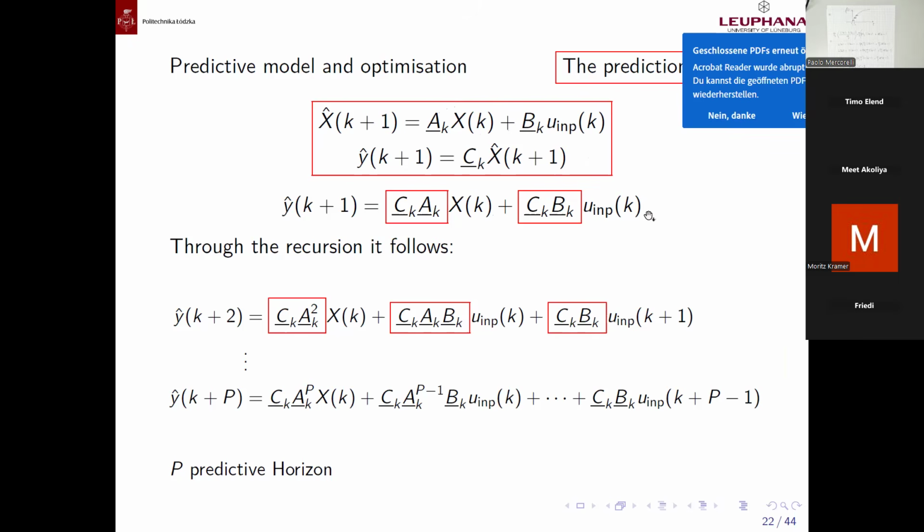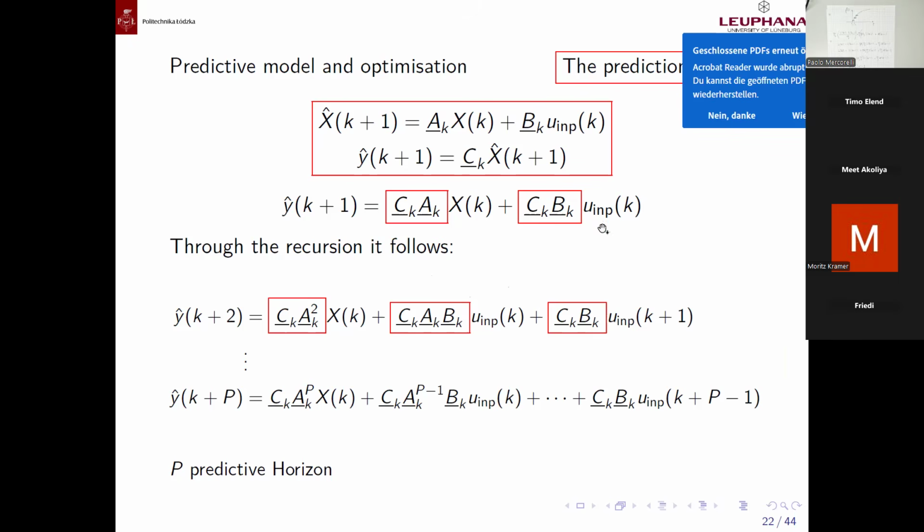Now, if I apply this concept recursively, if I add 1 here, this means y hat k plus 2, you have here x k plus 1, u k plus 1. And then if I plug in x k plus 1, which is here, believe me, next week we will reconsider this more in depth, we will obtain this, it is easy to see.